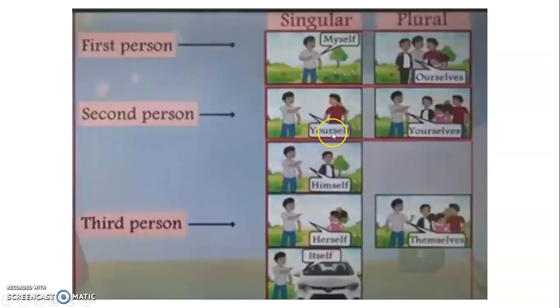But over here we have yourself for singular number and yourselves for plural number. Then for third person singular number, we have himself for masculine gender, herself for feminine gender, and itself for neutral gender. And for plural number, we have themselves.